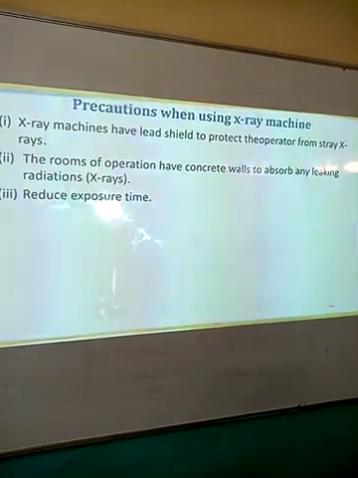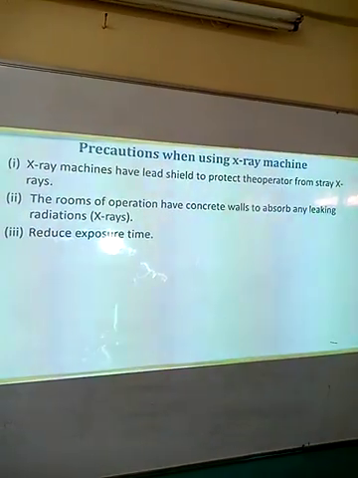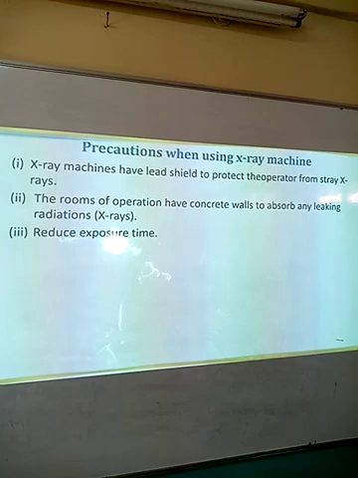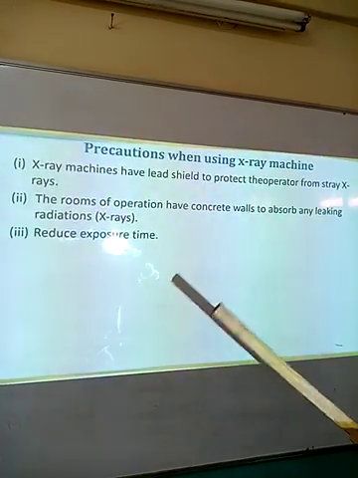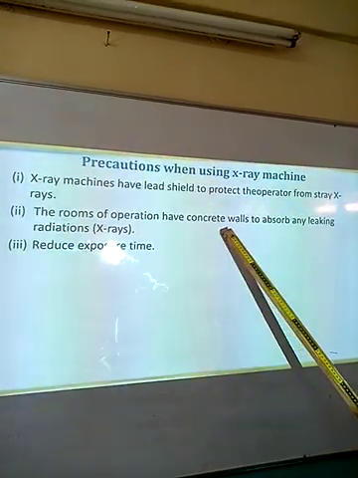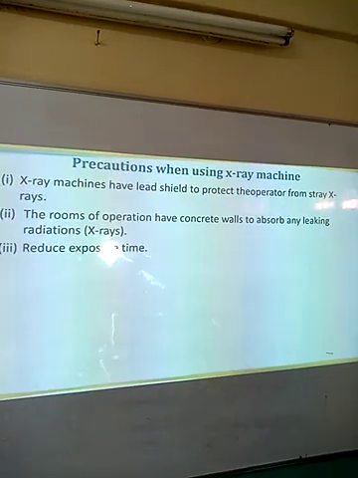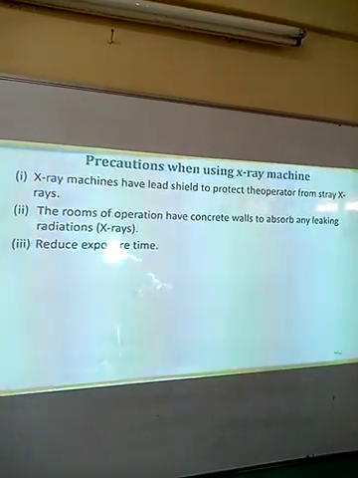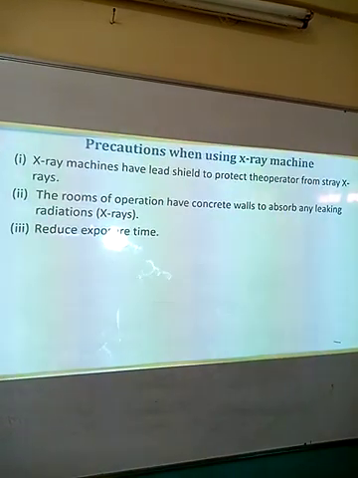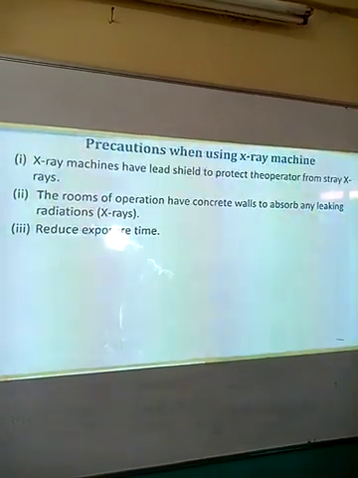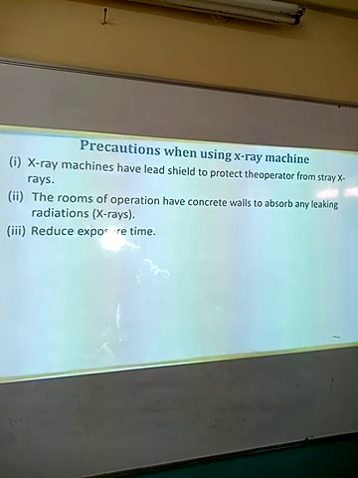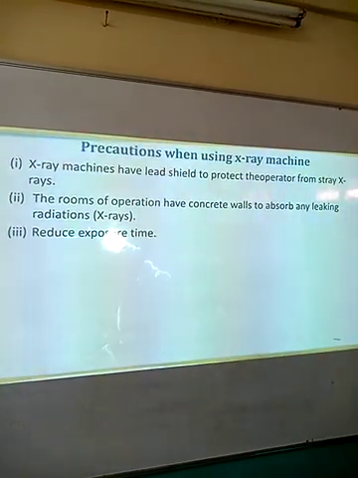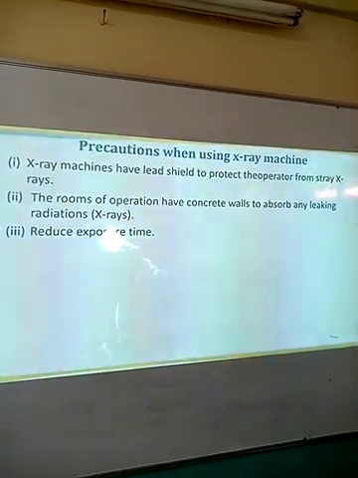Another precaution is that the rooms where these rays are being produced must be constructed using brick walls and even lead materials. Again, this stops any stray rays from getting in contact with the environment.